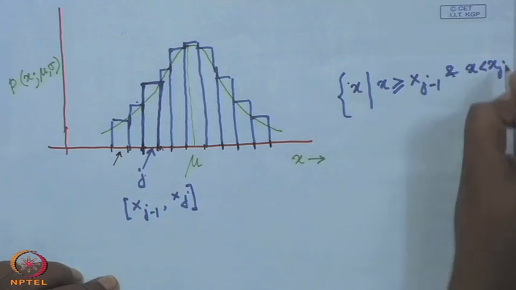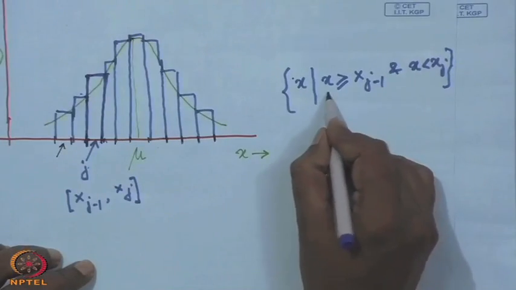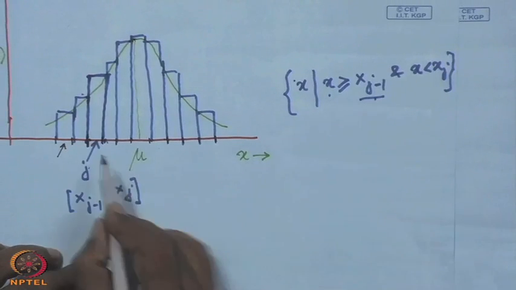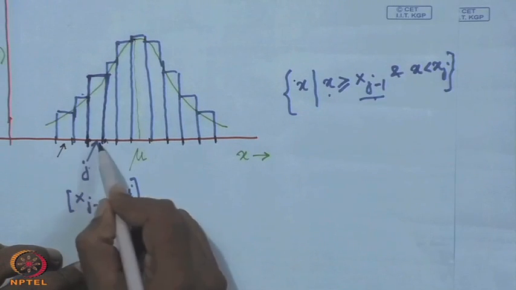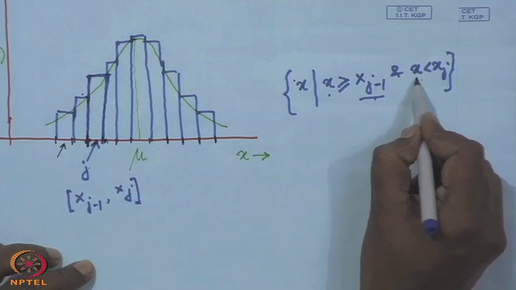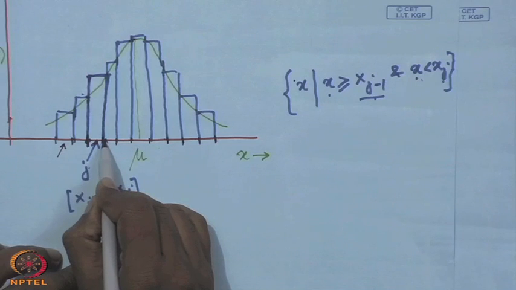If I take the set of all such samples, where x j minus 1 is the left boundary of this jth interval, and x j is the right boundary of this interval.